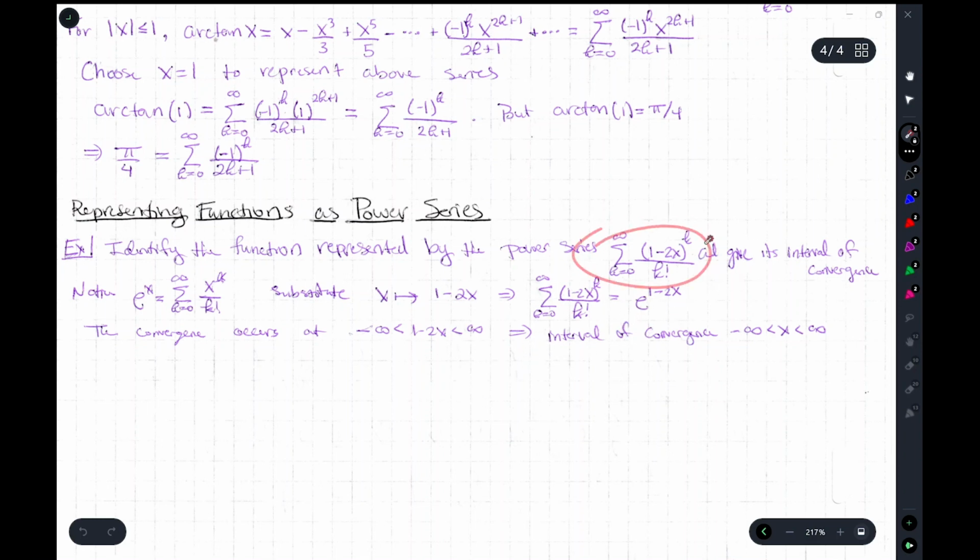So the power series that we see above is actually e to the 1 minus 2x, and the interval of convergence stays the same because it's infinite there. So 1 minus 2x is between minus infinity and infinity, and we'll get the interval of convergence being the real line, because all we did was compose 1 minus 2x into there. And so we could work backwards to represent power series in terms of familiar functions by paying attention to the Taylor series.